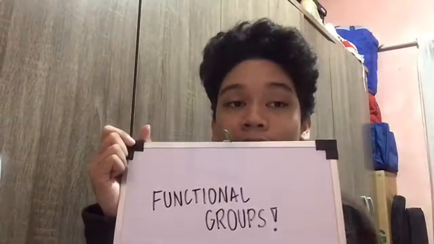Now, with those definitions out of the way, we can go back to the definition of organic chemistry, which is the study of the structures, the properties, and the reactions of carbon-based compounds. These carbon-based compounds are further classified into what we call functional groups.